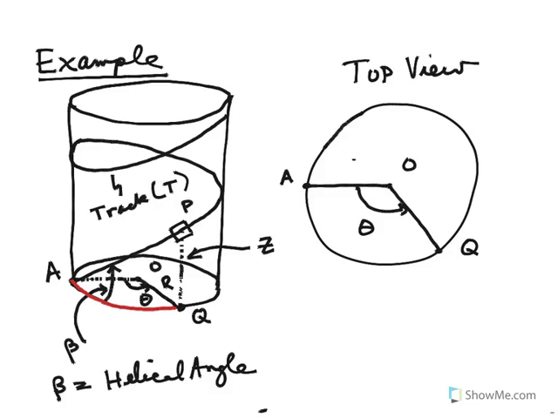Let's draw it. Close as we can. It's the arc of this circle right here. And because the radius of this circle is r, the arc of this circle is r times theta. So r times theta.